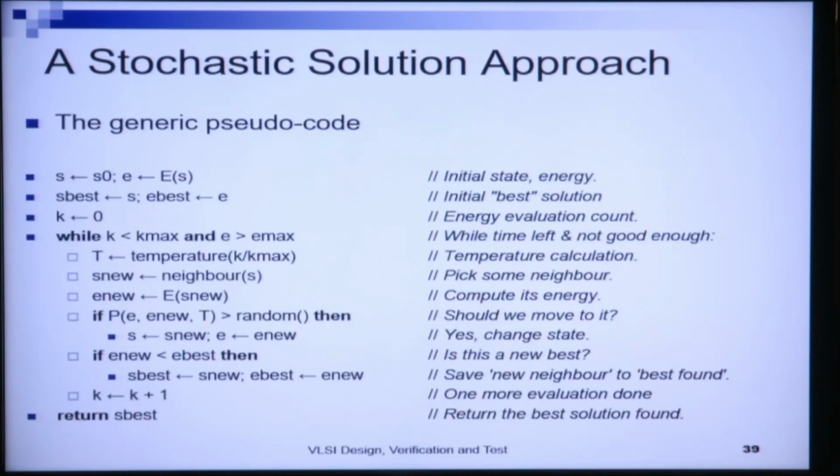So as we said, we always accept a new solution that is better than the current solution. We accept a worse solution with a probability, and this probability reduces as temperature reduces. When the temperature initially is very high, the probability of accepting a worse solution is higher than when I slowly reduce the temperature. If the new solution is better than the best solution that I have, I update the best solution and then go to the next iteration.